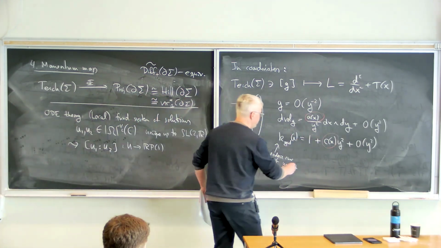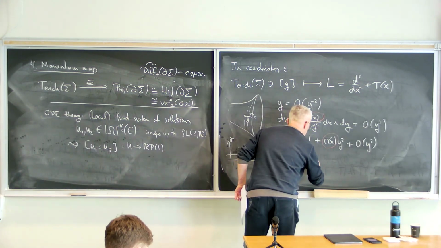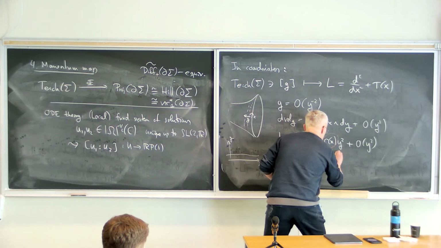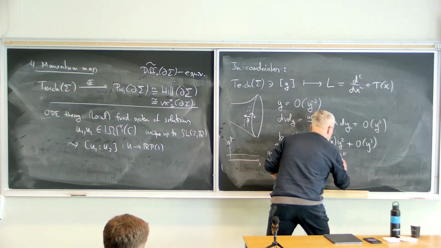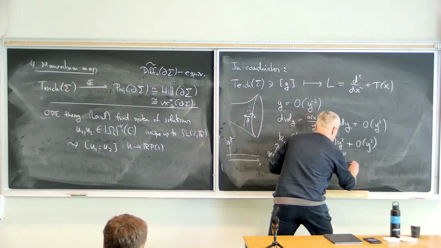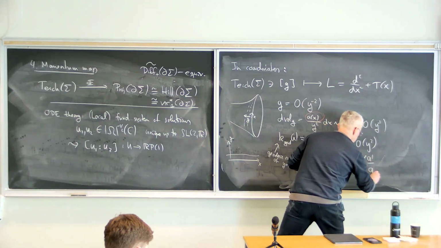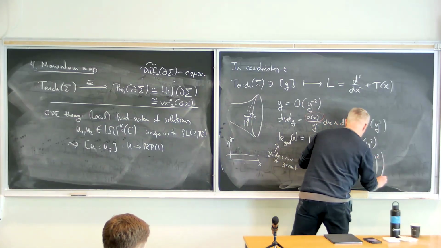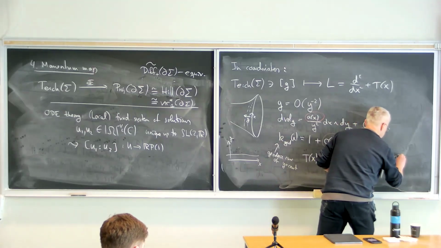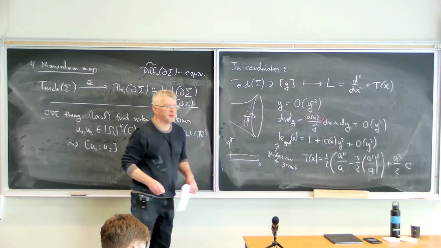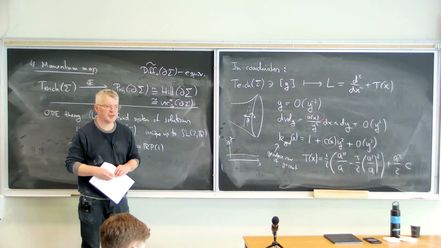And then the formula for this T of x is given by the first term, which looks like the Schwarzian derivative for good reason, plus a squared over 2 times c. So there's an explicit formula for what this T is.